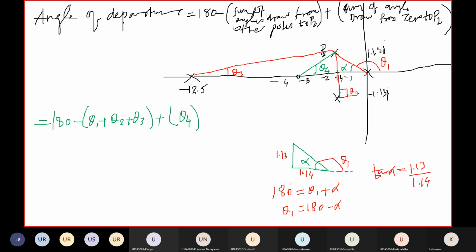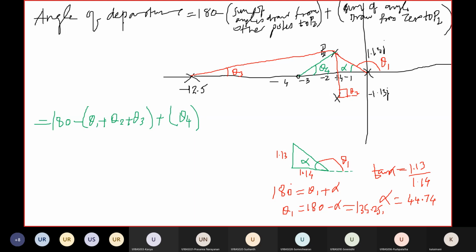The angle is 44.74 degrees. Therefore, theta 1 is equal to 180 minus alpha, and 180 minus alpha gives 135.25. 135.25 is theta 1.